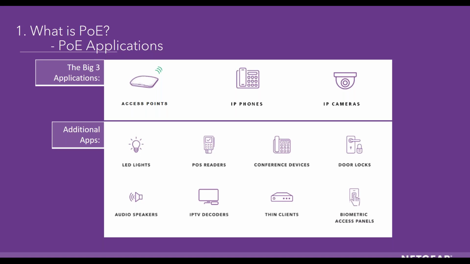So this also determines that PoE Plus is the most popular and most commonly used PoE standard for business devices. Some additional applications are PoE LED lights and POS readers, conference devices such as IP phones, video phones, door lockers and audio speakers, IPTV decoders and thin clients, also biometric access panels, etc.